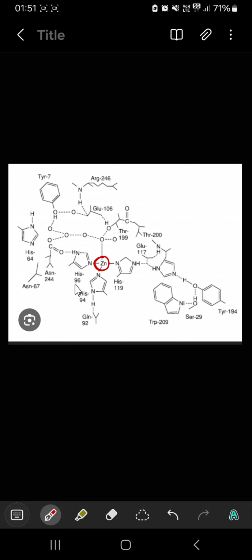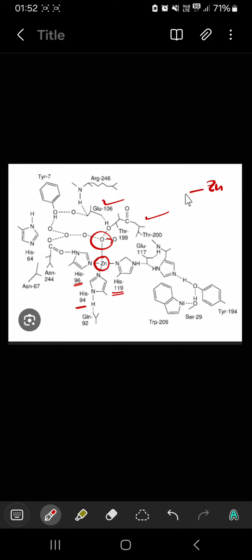Three of the four coordinations are by histidine 96, 94 and 119, and the fourth one is the OH group, which is hydrogen bonded by threonine and glutamate, and we can see a series of hydrogen bonding here. So we can see that it is forming a tetrahedral geometry.